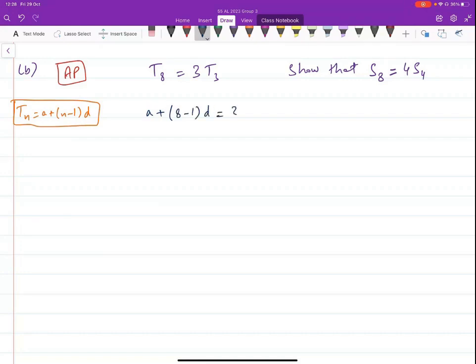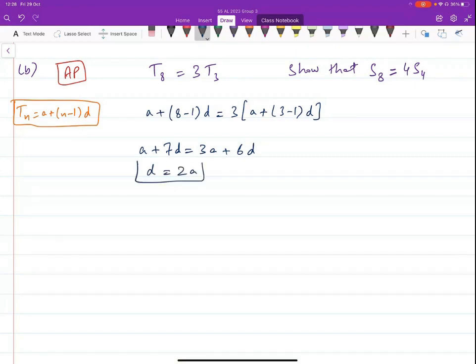That is equal to 3 into A plus 3 minus 1 times the difference. And we get A plus 7D equal to 3A plus 2 into 3, which is 6D from that. We can simplify this and it becomes D equal to 2 times A. So we have this relationship between D and 2A.